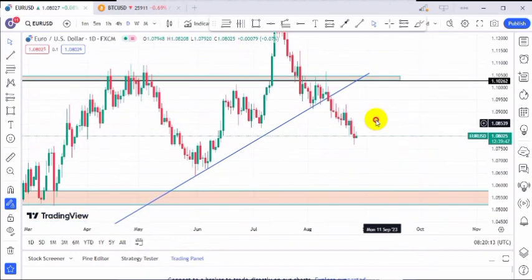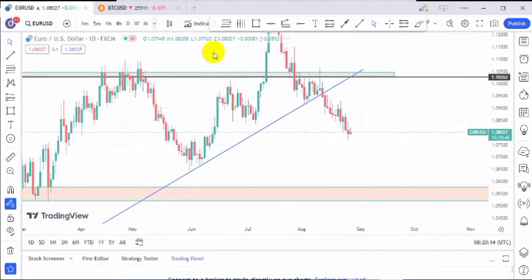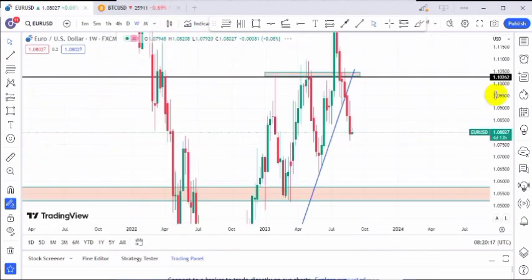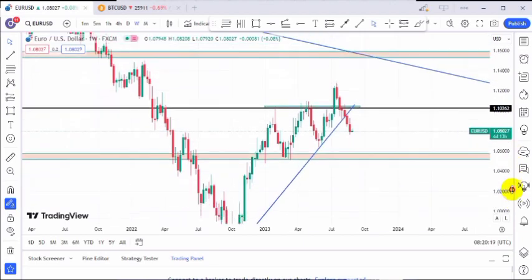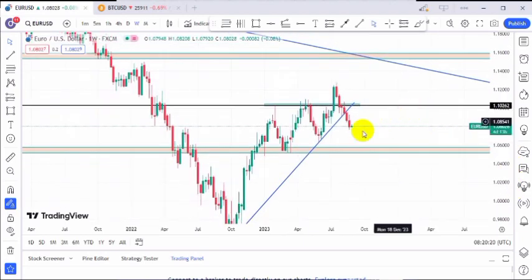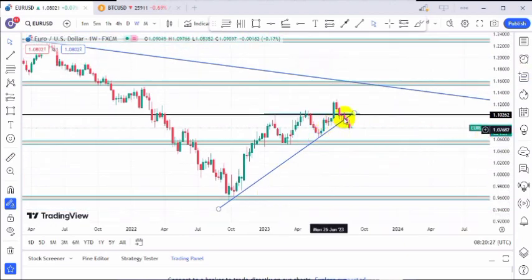Currently Euro dollar is selling. If you check our last previous analysis, you will see clearly what we were looking at on Euro. So I was expecting Euro dollar to break this counter trend line at the weekly, so we've successfully done that. So I will just be waiting for a retracement into this support zone, resistance zone rather.